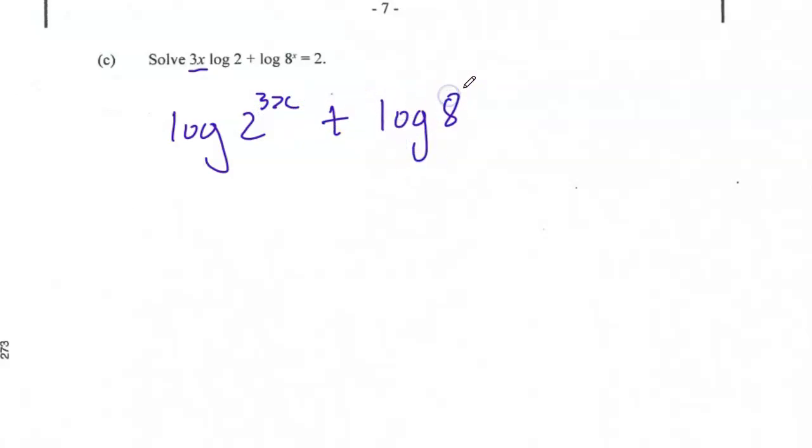Next, x equal to 2. So we get this 3x here, we can raise 2 to that power. So log 2 to the power of 3x plus log 8 to the power of x is equal to 2.